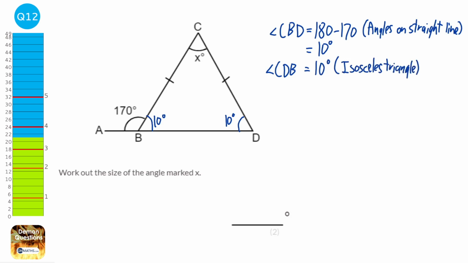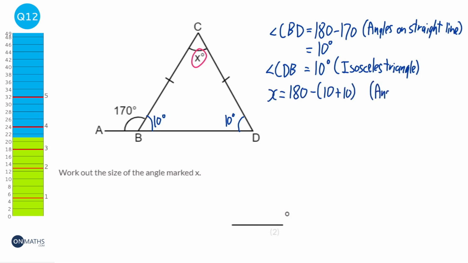And to find out what x is going to be, it's going to be 180 subtract 10 plus 10. And the reason for that is its angles in a triangle add up to 180. So that's going to be 160 degrees.